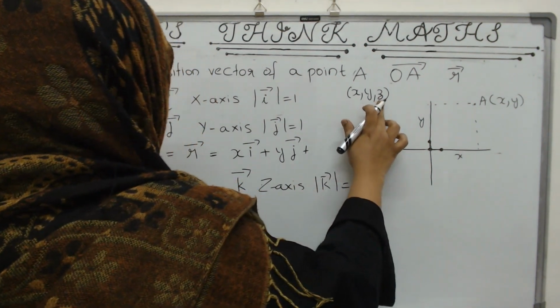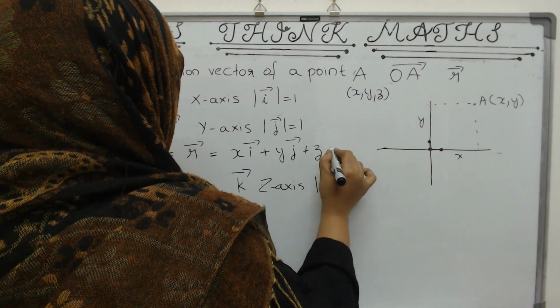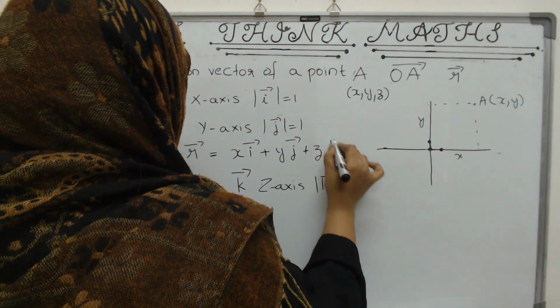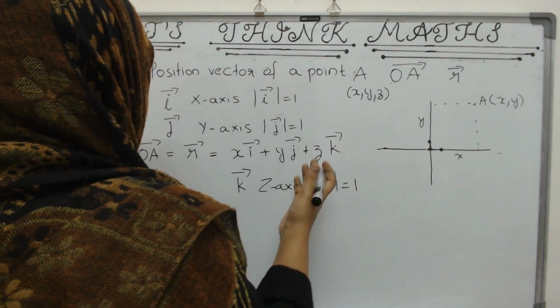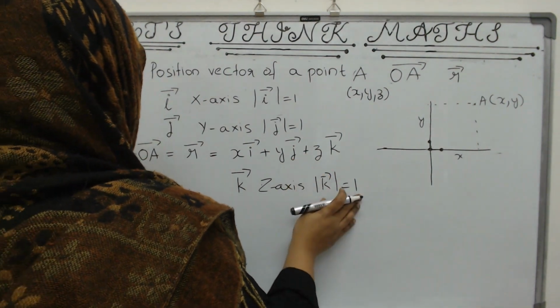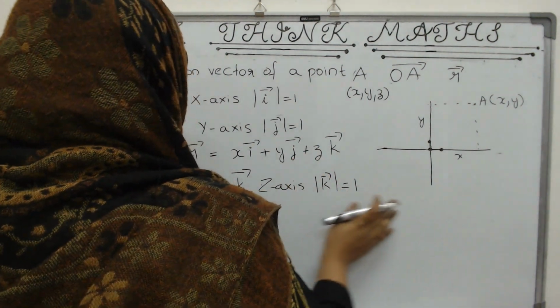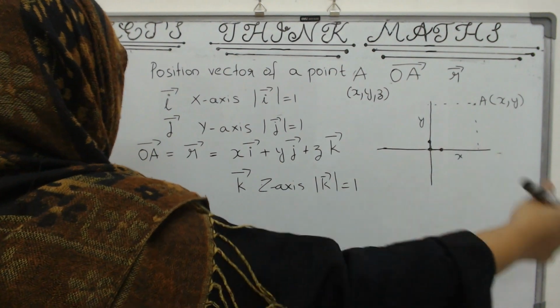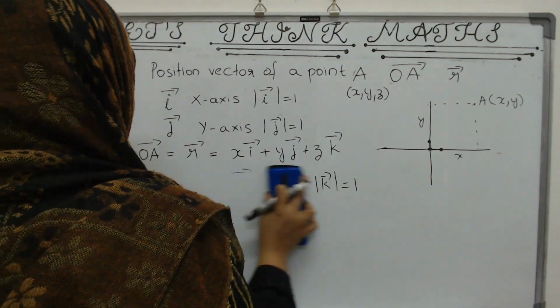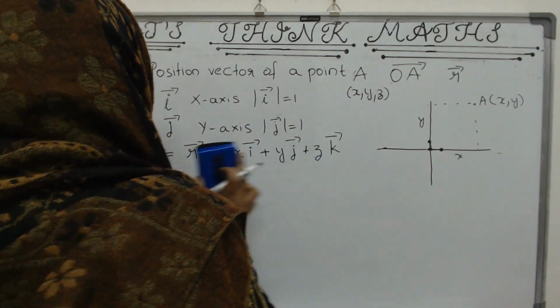So if the z coordinate is z, then what do we write here? It is zk. Or in other words, if z is 10, what is 10? It is 1 added 10 times, or in other words, 1 multiplied by 10. So this is how you express the position vector of a point.